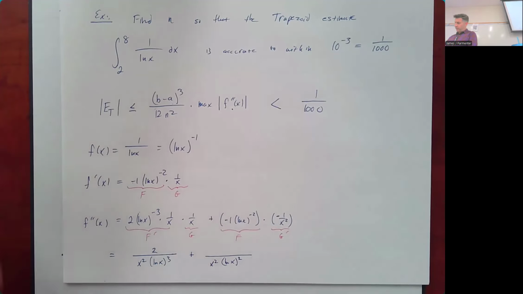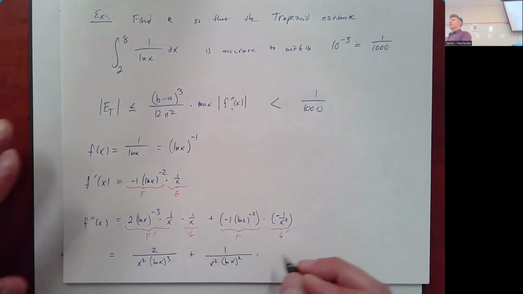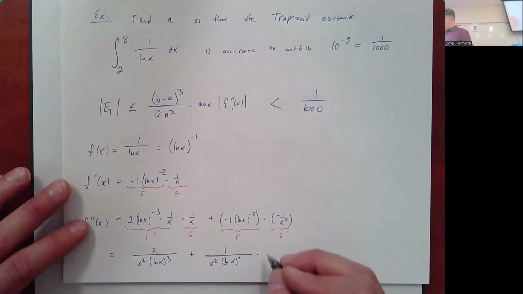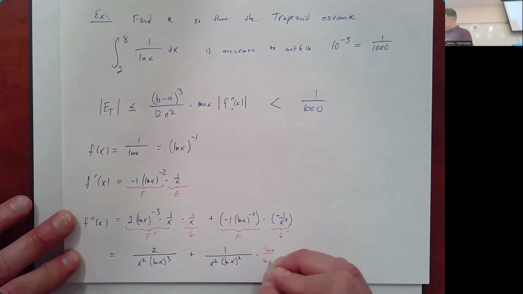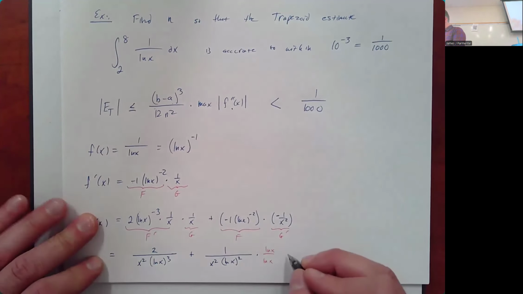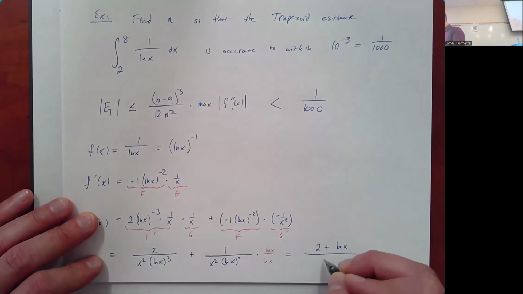Pretty easy to get the common denominator for. I have to multiply this second fraction by the natural log of x over the natural log of x. So this is equal to 2 plus the natural log of x over x squared times the natural log of x cubed.